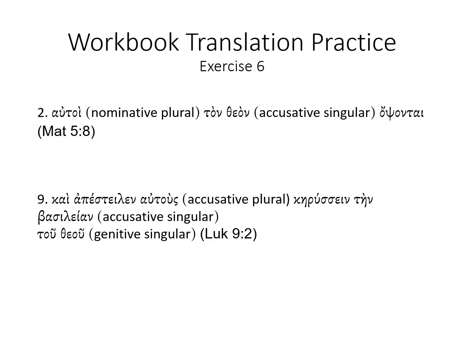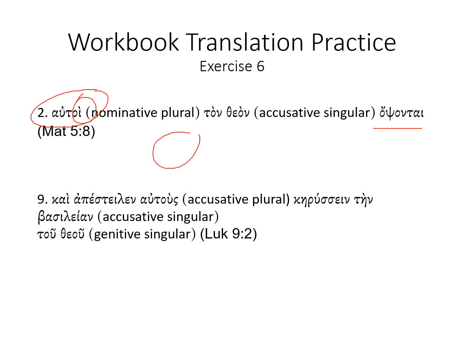In your workbook for exercise 6, we have a couple of examples here, and I'm just going to do one with you to get you thinking. We have our verb clear over here, they will see, and here is our subject, the nominative plural, and we see that iota right there. That's our ending, and the omicron just before it.